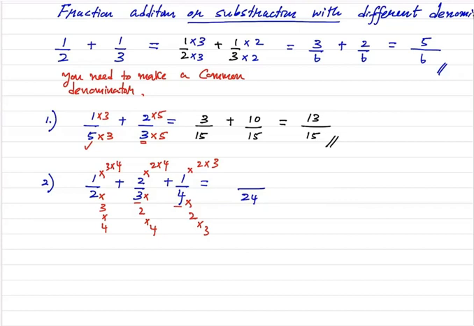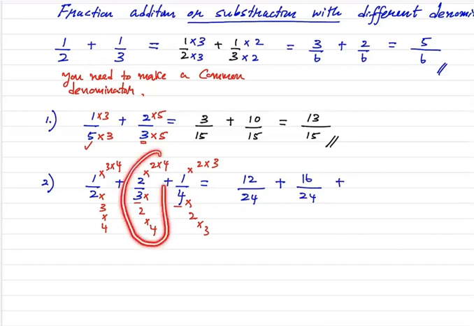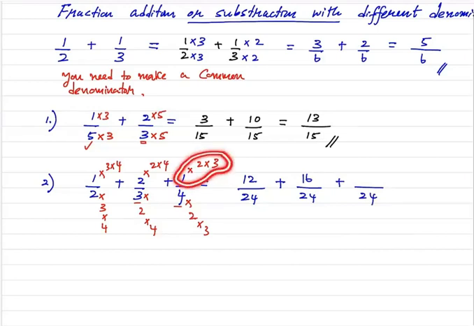Top you have 1 times 3 times 4, which is 12, plus then again 24. Top you have 2 times 2 times 4, 4 times 4 is 16, plus. So I did this one. Now I'm going to do this. That would be 24 again. Now top, that would be 1 times 2 times 3, 6. Now you can observe these are equal. So that is the common denominator now.